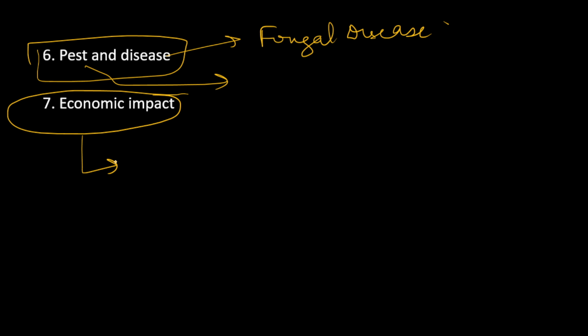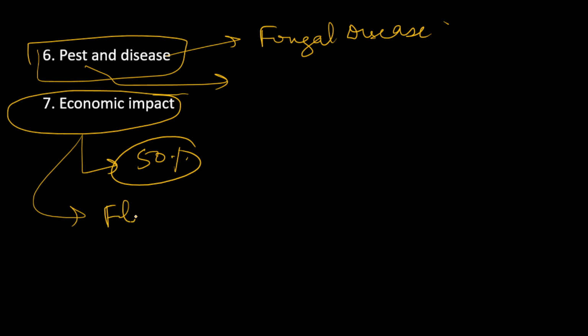Because we all know that in India around 50% of farmers are directly dependent on rainfall. 50% of areas are rainfed and dryland areas. So that will have a high impact on farmers' economic subsistence, or you can say farmers' economic life. There will be a change in incomes, there will be fluctuation in incomes.